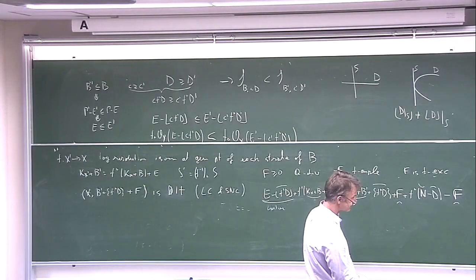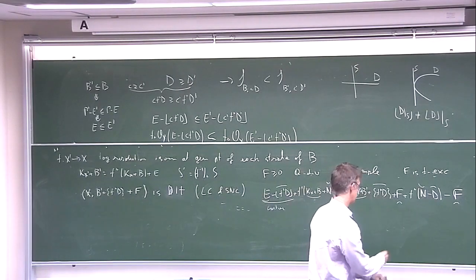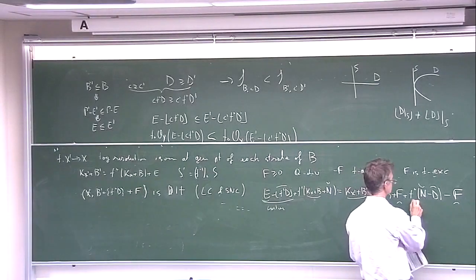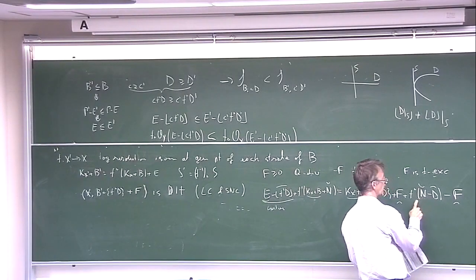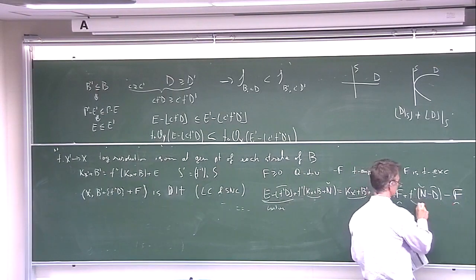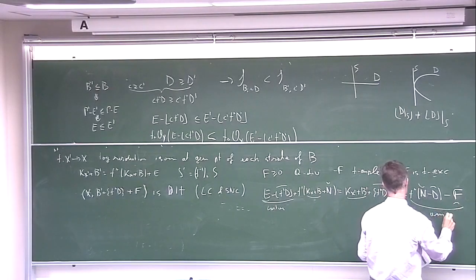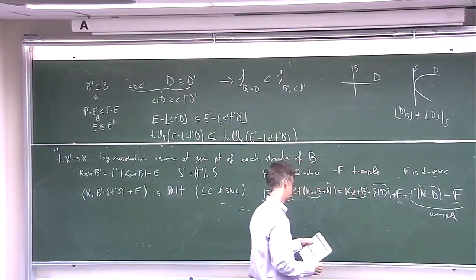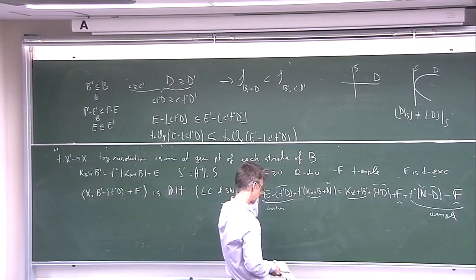I had assumed that N minus D is ample. This guy here is ample. Pullback of this, relatively ample. So this gadget here I can assume is ample.